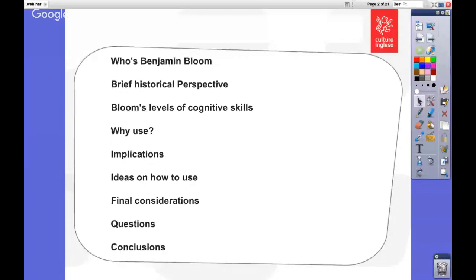So this is our objective. We are going to study a little bit who's Bloom, a brief historical perspective, the levels, why use, implications, ideas, final considerations. You're going to answer your questions and conclusions, okay?